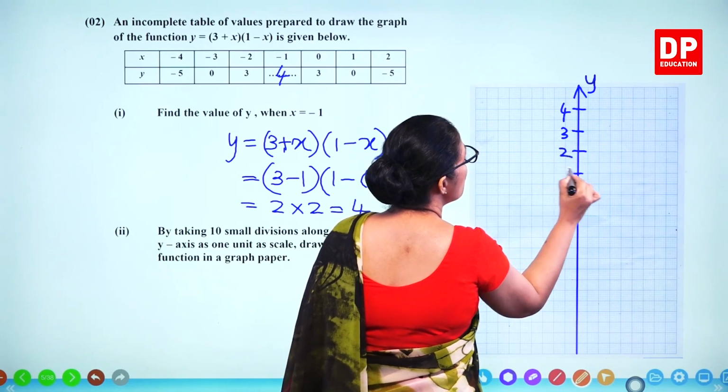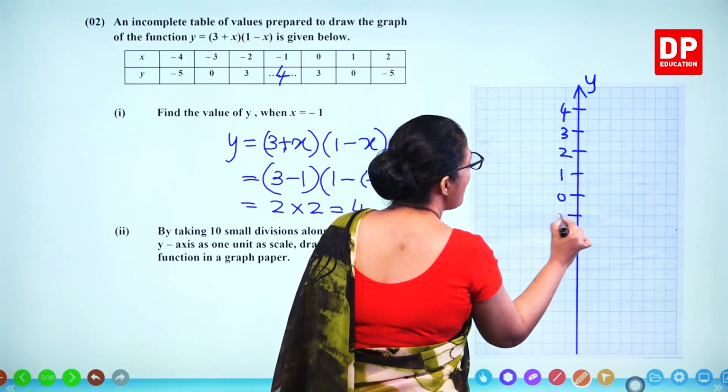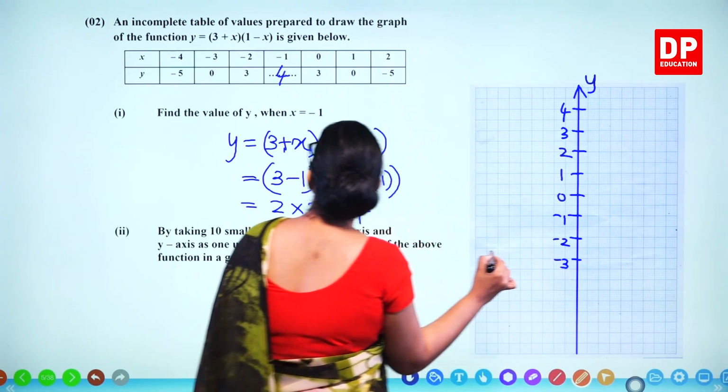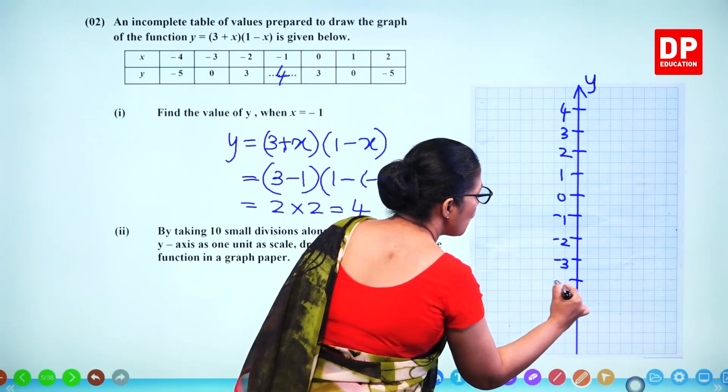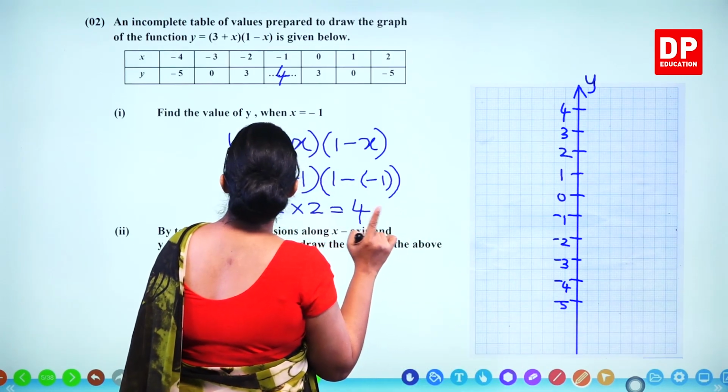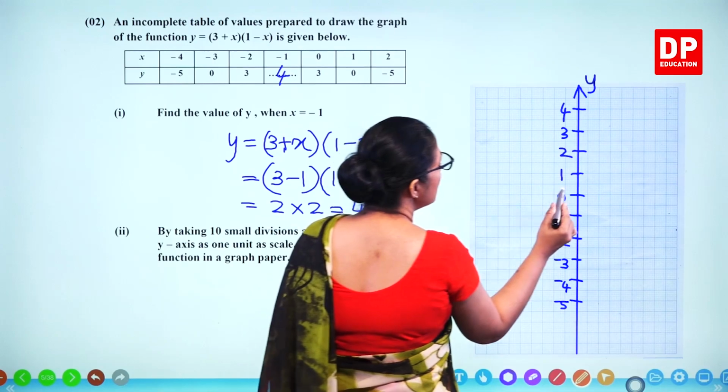3, 2, 1, 0, -1, -2, -3, -4 and up to -5. And the x values starting from here.